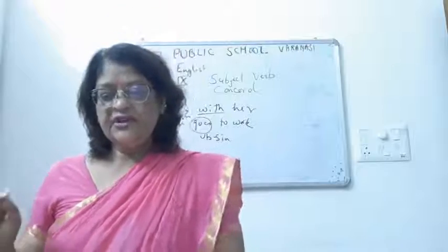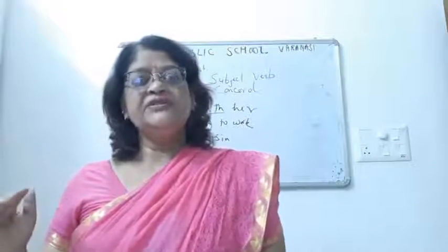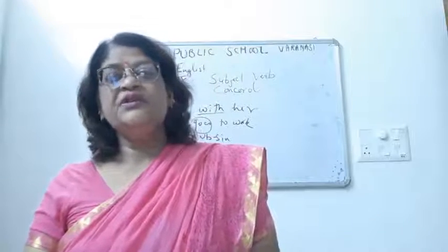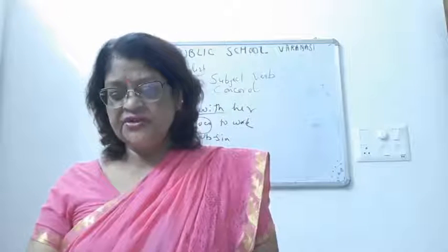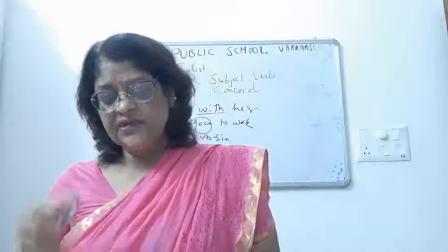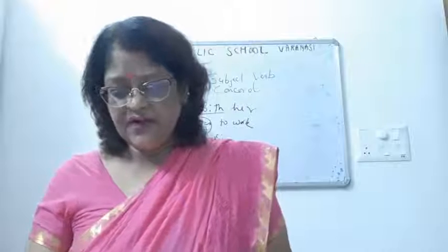Like, 50 kilometers is a short distance. 50 kilometers is plural, and it is referring to distance, so the verb used here is singular, is. Similarly, she paid him a 5 rupees note.